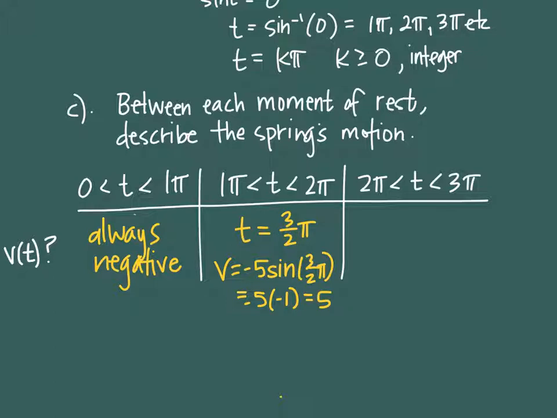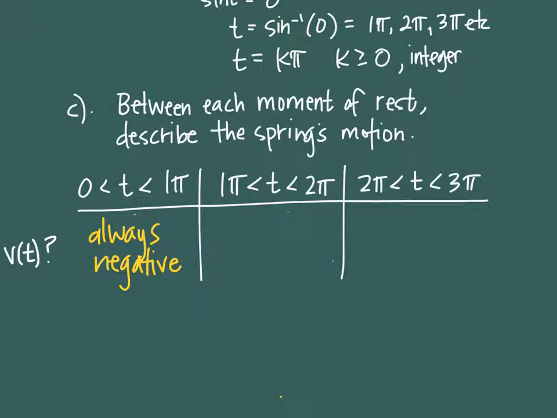That's a positive number. And that means in that interval, no matter what time value you pick, you will also always get a positive number. And so to simplify that, we would say that this interval produces always positive velocity.